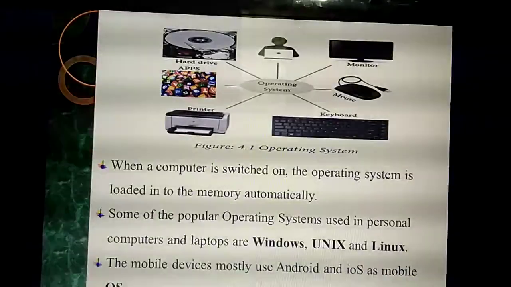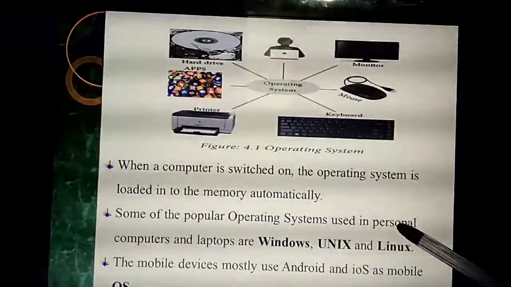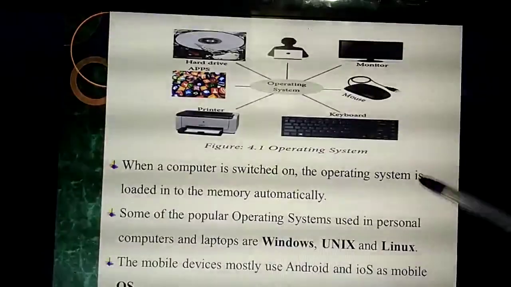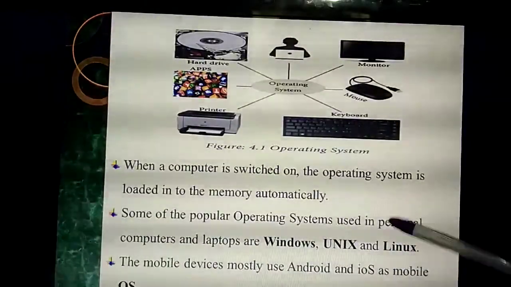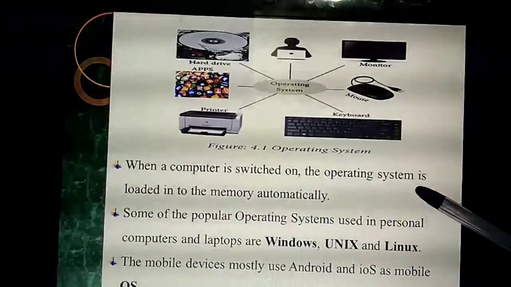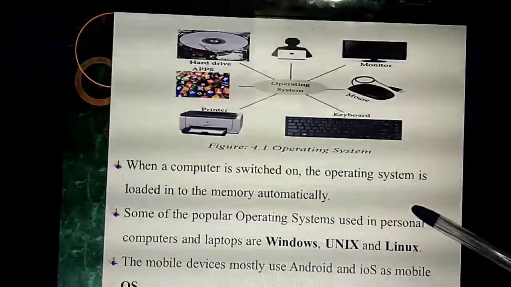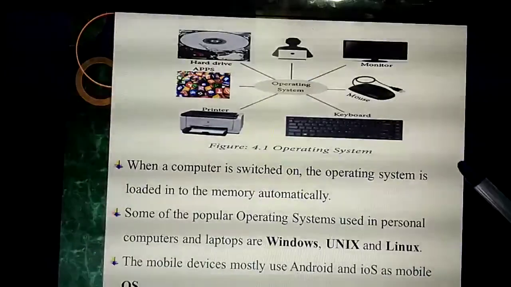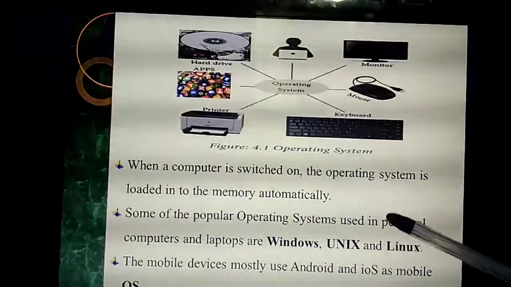So already I said these are some popular operating systems: Windows, Unix and Linux. Sometimes they will ask for a 1 mark question, or sometimes a 2 mark question: name some popular operating systems in computers or laptops. What are they? Windows.